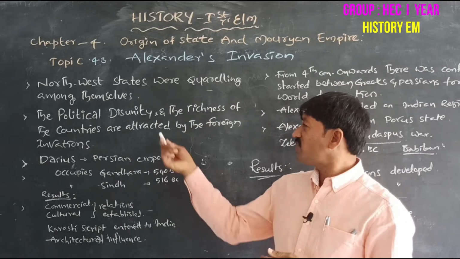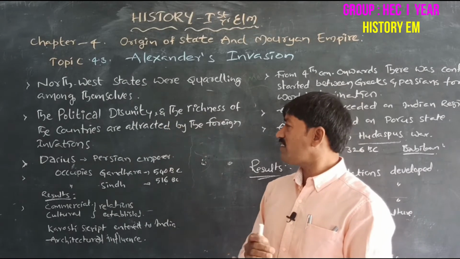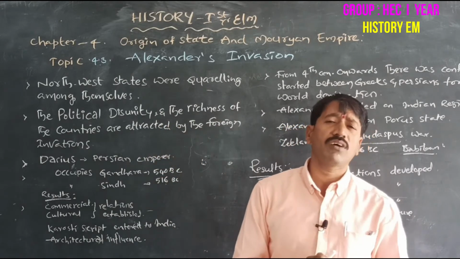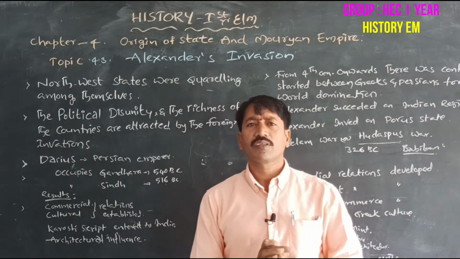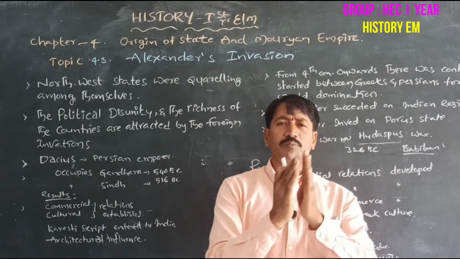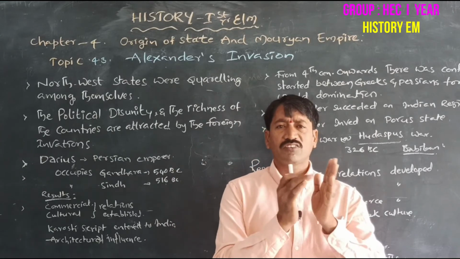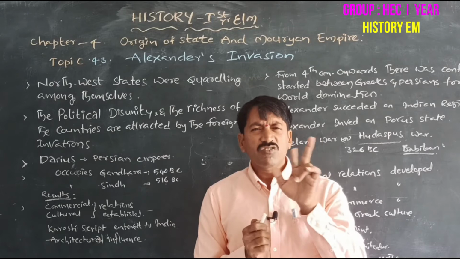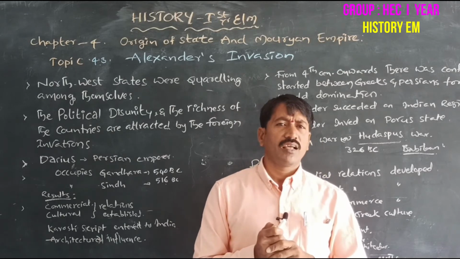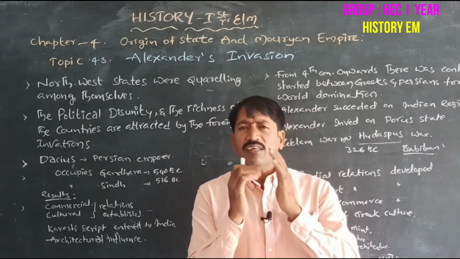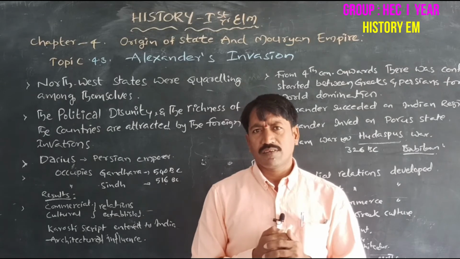The political disunity and the richness of the countries were attracted by foreign invasions. The disunity of the political situation and also the richness of the states, these two attracted the foreigners.